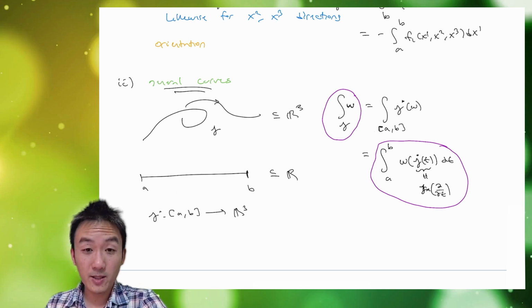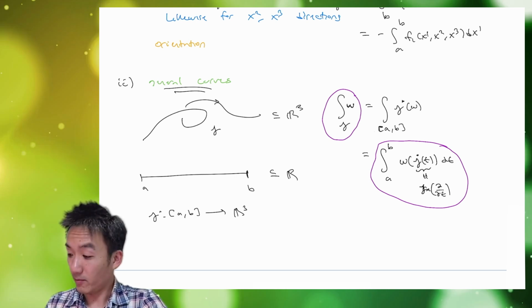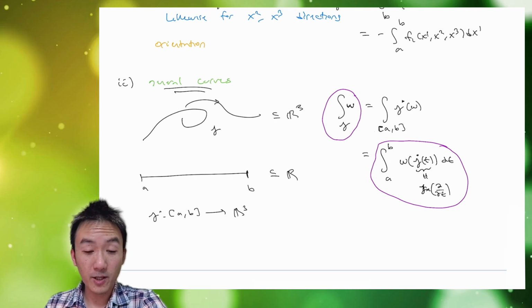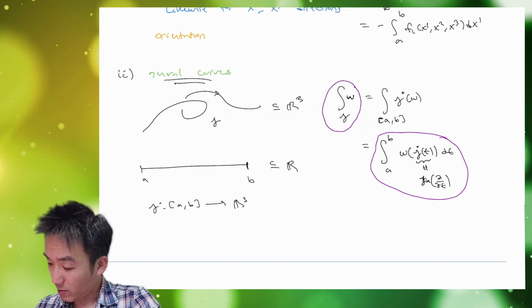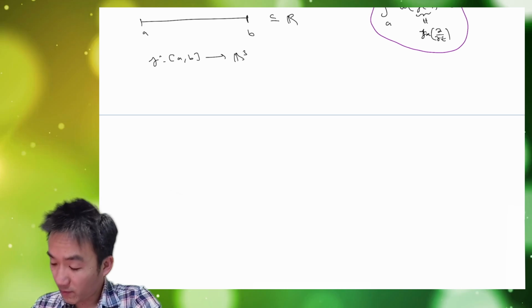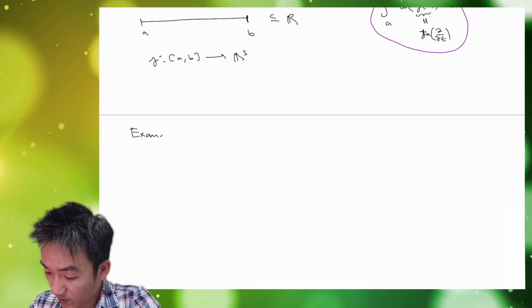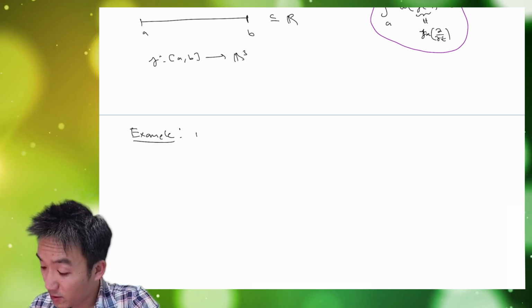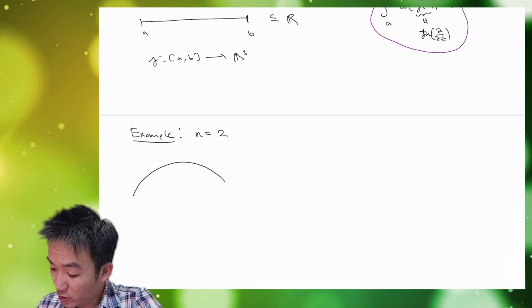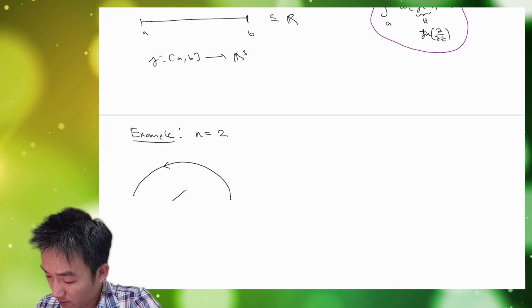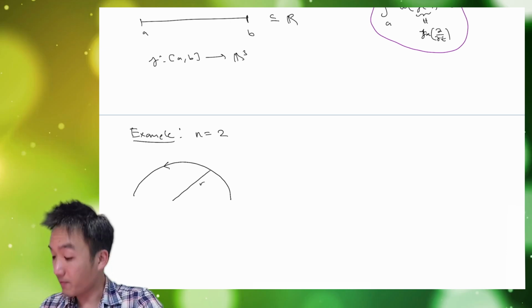Let's do an explicit computation so that all this notation can become operationalized and we see how it actually works in practice. So let's do the following example. To be even more simple, let's do n equals 2. So now I have a curve in R2. Let it be the curve which goes along the upper part of a circle of radius r.